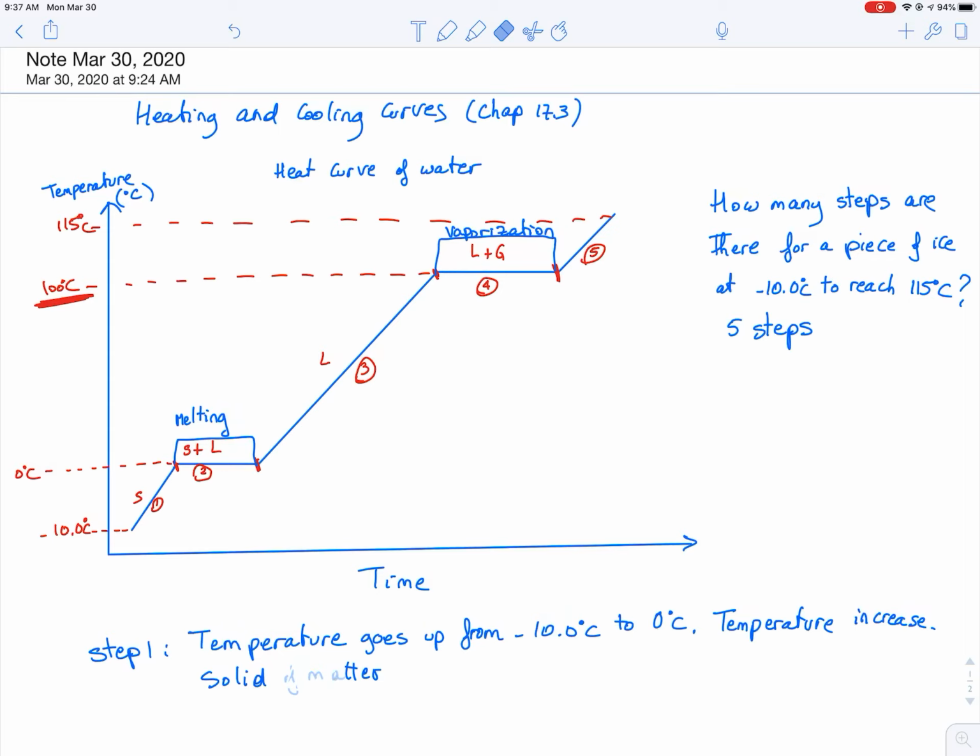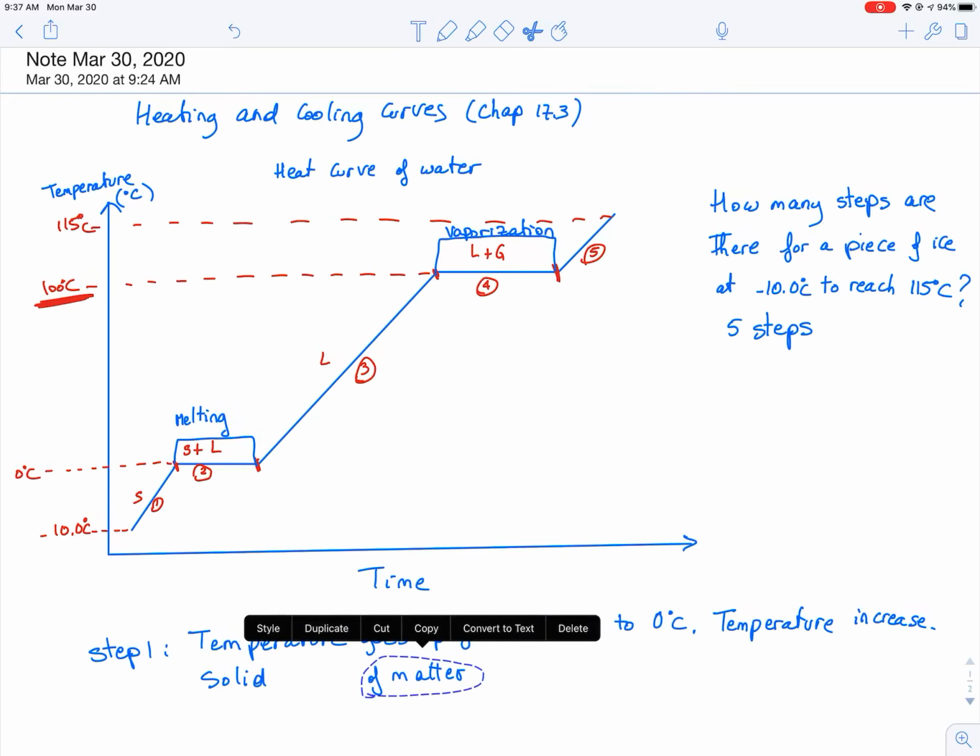Solid state of matter. And in terms of energy, what happens?